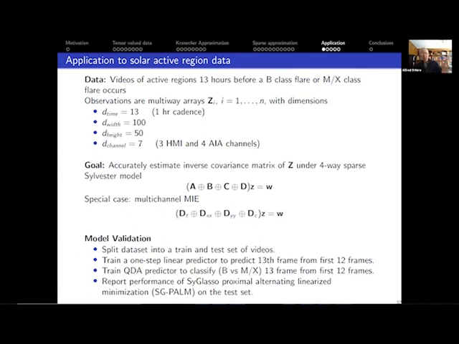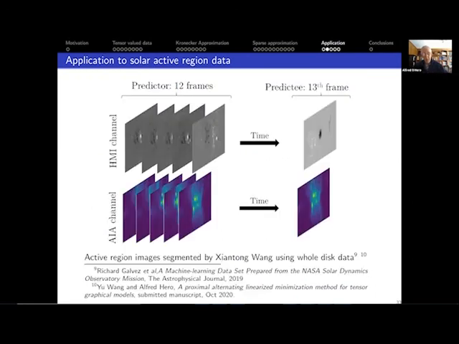And we do, of course, model validation, data splitting, and cross-validation to report any results I'm going to talk about here. This just shows what we're doing. We have the 13th frame for the HMI channel, for the AI channel, for, let's say, a B-class flare. These are the frames we're going to use to build a predictor, and we're going to try to predict this last frame, right?